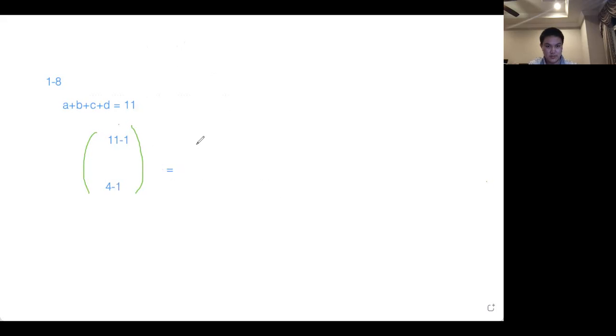If you work it out, that's 10 times 9 times 8 over 6, which is 120. So that should be your final answer for this problem.